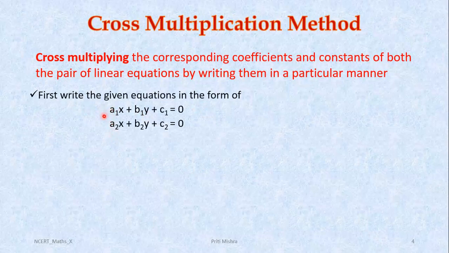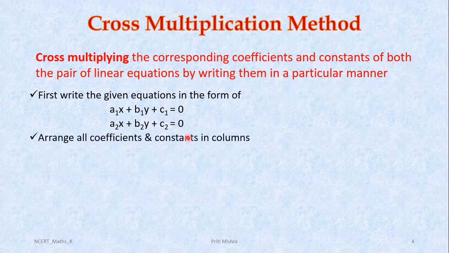For this method, we have to write the two equations in this format, meaning constants should be on the left hand side and on the right hand side we should have 0 only. So a1x plus b1y plus c1 is equal to 0, a2x plus b2y plus c2 is equal to 0. First of all, you have to write both the equations like this.